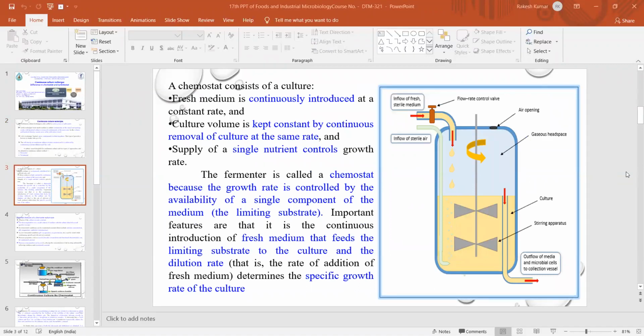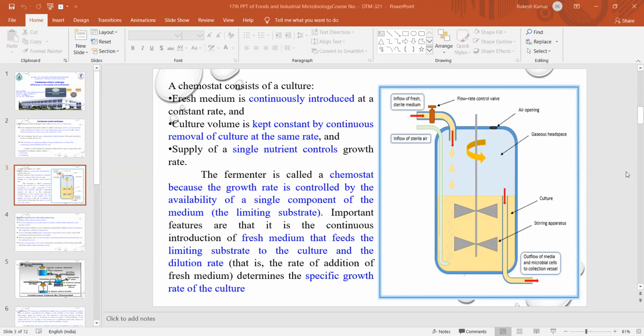It consists of a culture where fresh medium is continuously introduced at a constant rate, and culture volume is kept constant by continuous removal of culture at the same rate. We have already told you that whatever amount should be present inside that vessel has to remain constant.